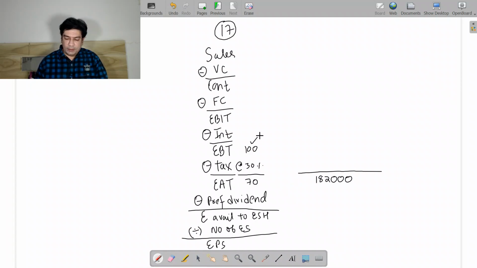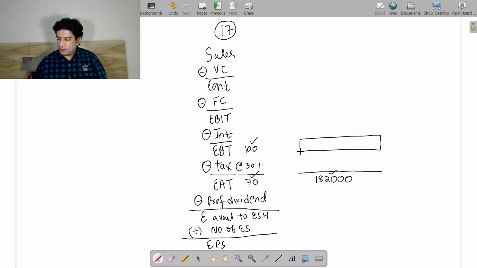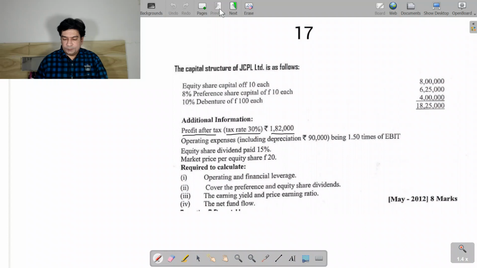Now 1,82,000 multiplied by 100 divided by 70, so I will get the EBT. So 2,60,000 is my EBT. Now from 2,60,000 I will be subtracting 1,82,000. So 78,000 will be my tax. So this much I am able to solve right now.